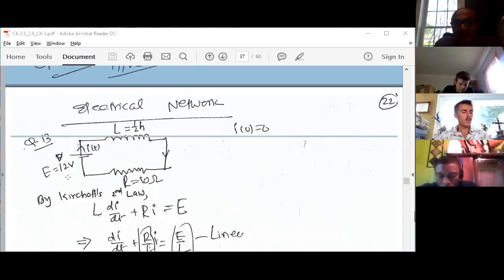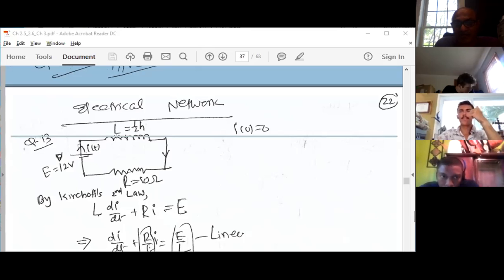Okay. And Kirchhoff's second law says that the voltage drops across the different components are equal to the total electromotive force. The voltage across the inductance L is given by L di/dt. Those who are electrical and computer science majors and physics majors know this very well.